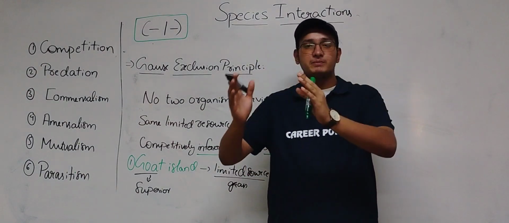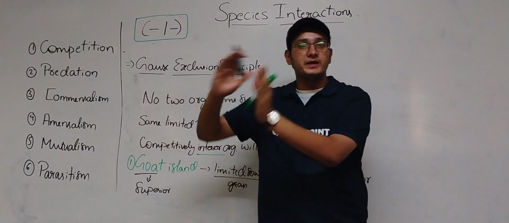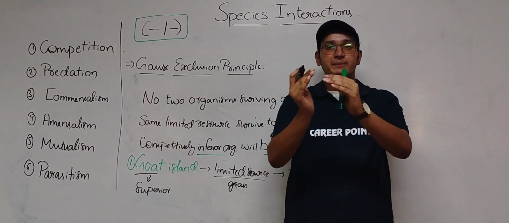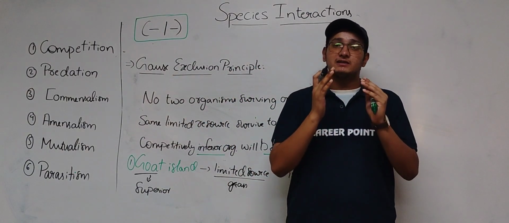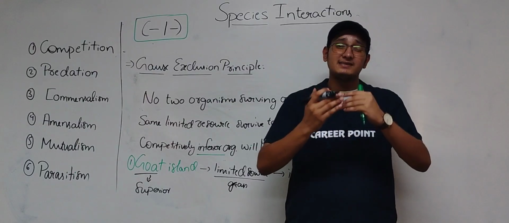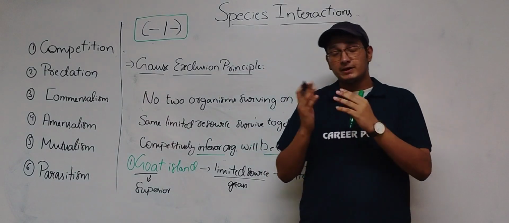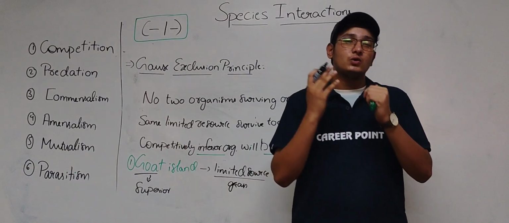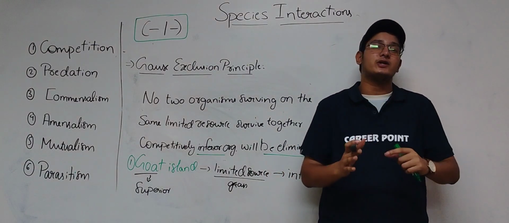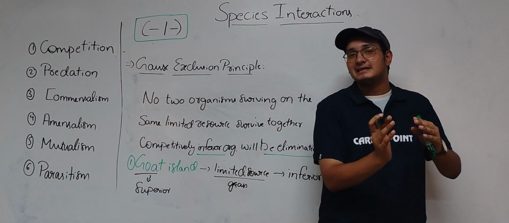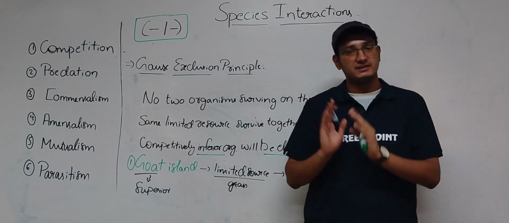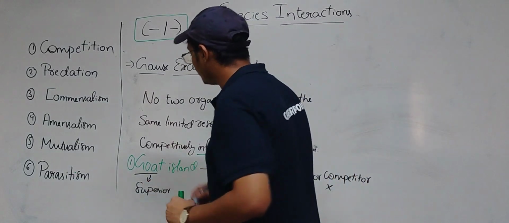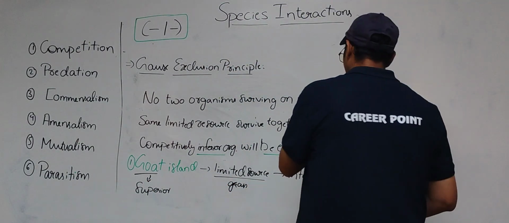After some time the goat became the superior competitor and the tortoise the inferior competitor. The tortoise is getting less and less food, but the goat is getting more and more. At one point the tortoise doesn't have any food and got completely extinct, and the goat stayed there. So the goat is the superior one and the tortoise is the inferior one.